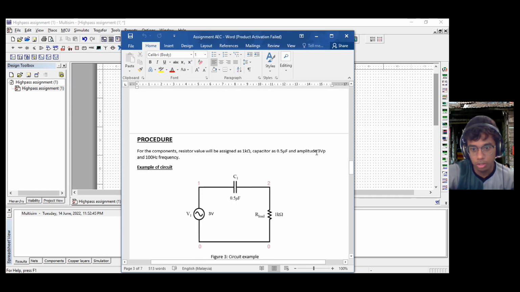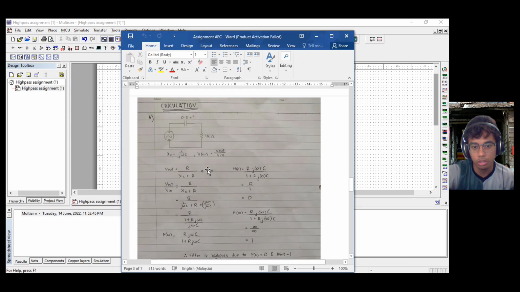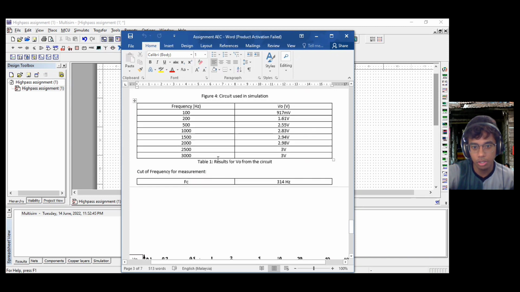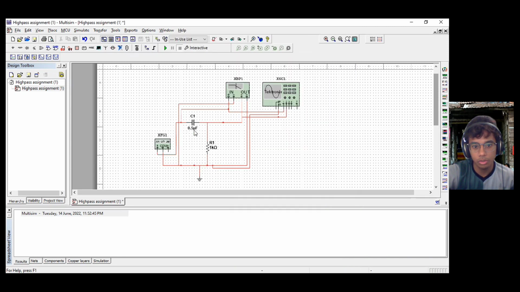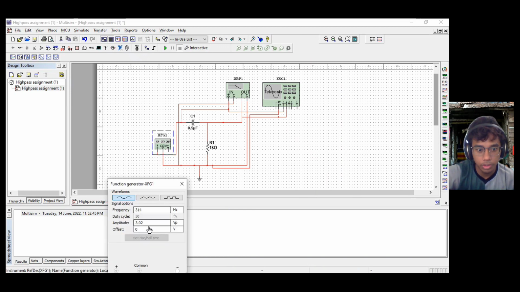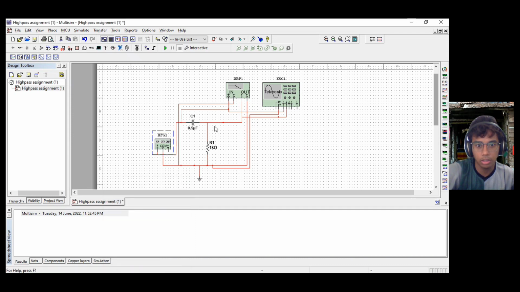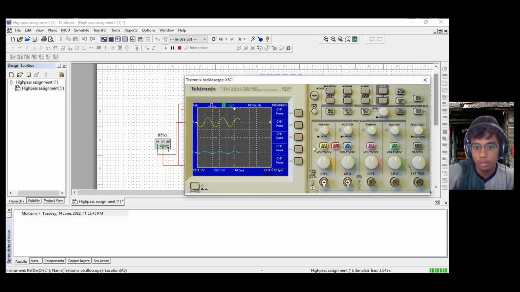I use an amplitude of 3 VP, with one step from 100 frequency. So 3 VP and from 100. I can get this.